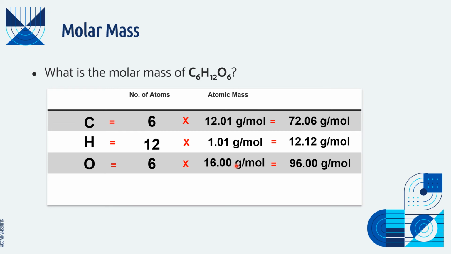So, what will be now the sum: 72.06 gram per mole plus 12.12 gram per mole plus 96.00 gram per mole. The answer is 180.18 grams per mole. So 180.18 grams per mole, that's the molar mass of glucose.